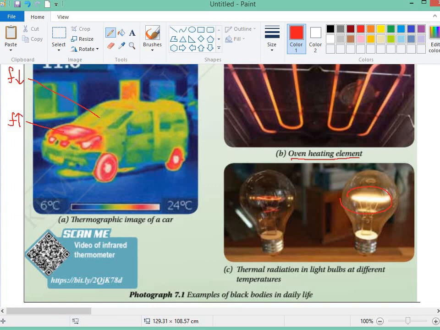If the temperature is lower, then the frequency will be lower, and we will not be able to see the electromagnetic wave because it is not within the range of visible light, so our eye cannot see. But still, every object produces electromagnetic wave. Okay, so that is it for this part, and we will continue again in the next part.